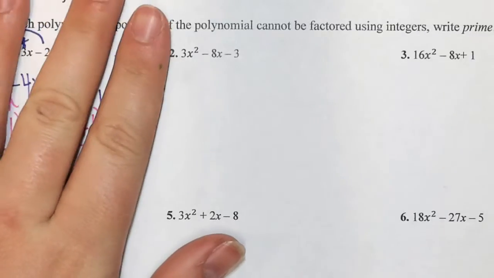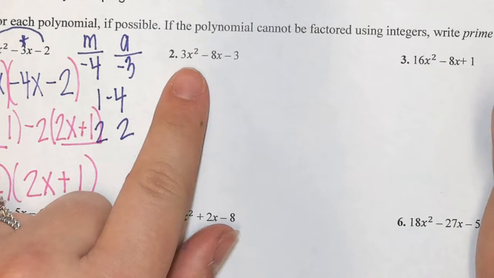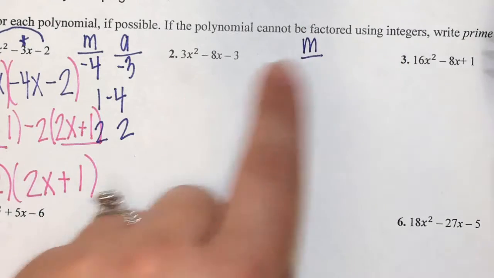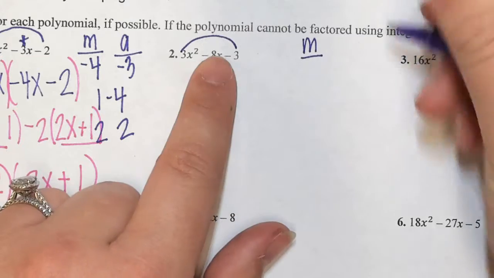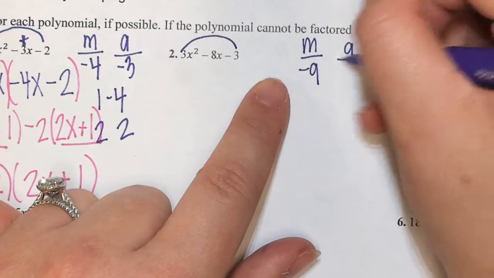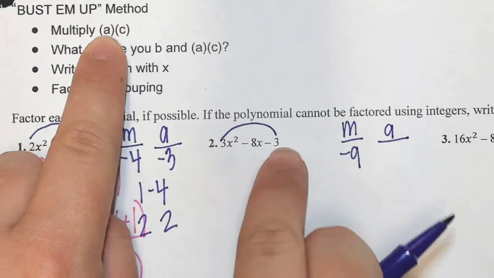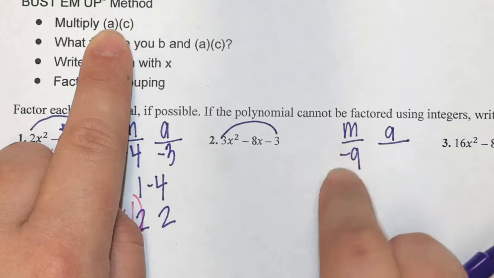We need to bust the -8 into 2 pieces. But those 2 pieces have to be 2 numbers that multiply to give me 3 times -3, which is -9. I'm multiplying A times C. First step, multiply A times C, and that's what you need to multiply to get.